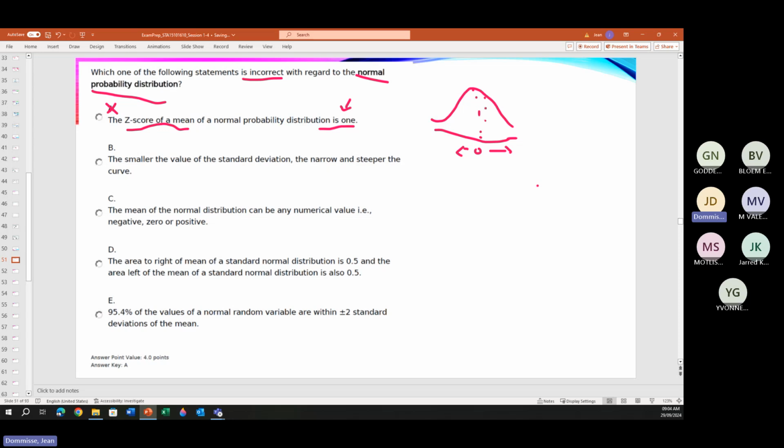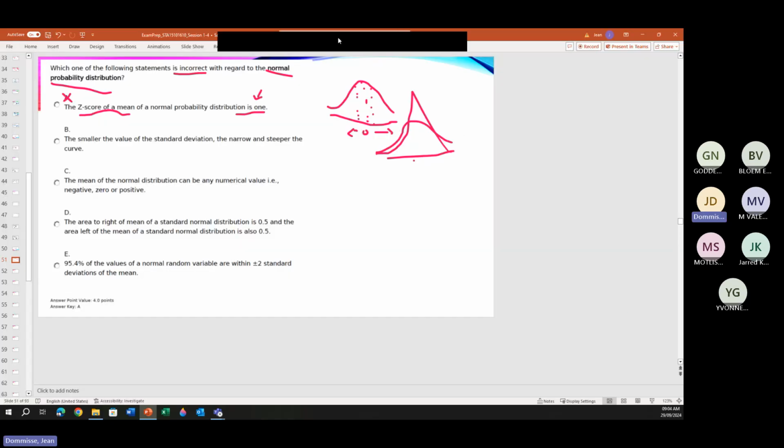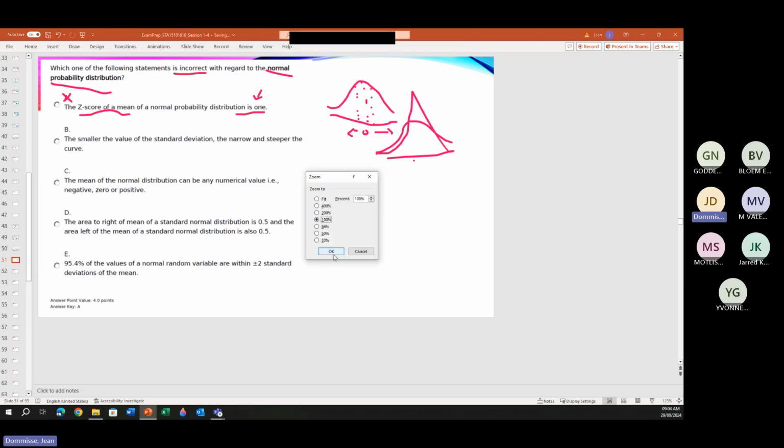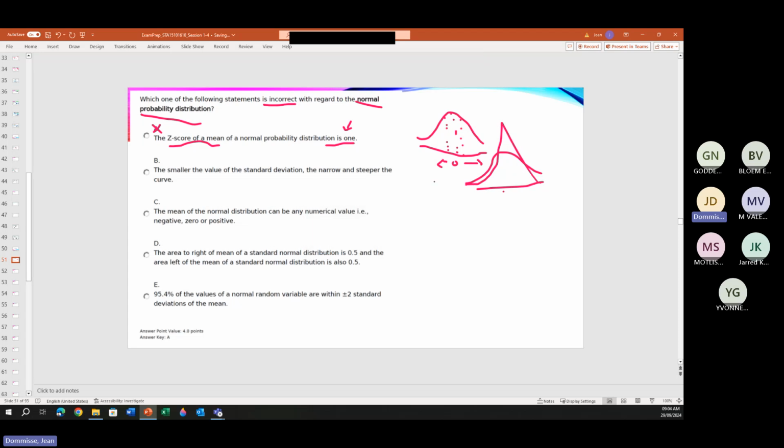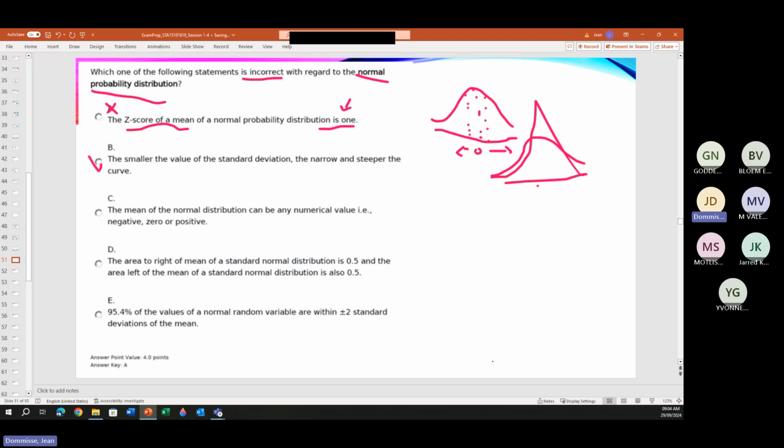Okay, so that we know, the narrower the standard deviation, the steeper the curve. It will be something like that. Just imagine both were normal distributions, and again the smallest, so that is correct.